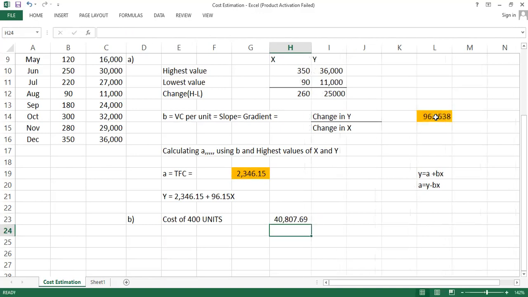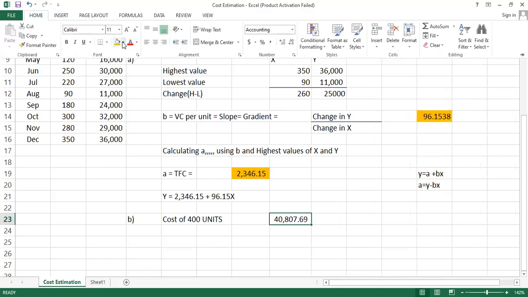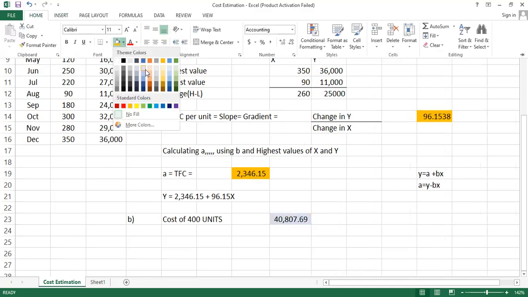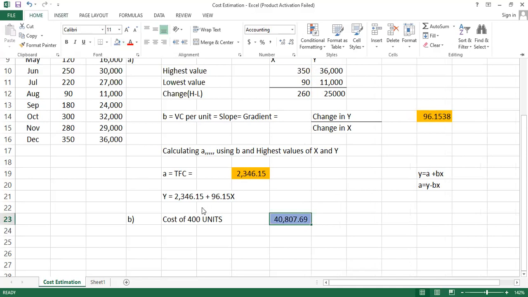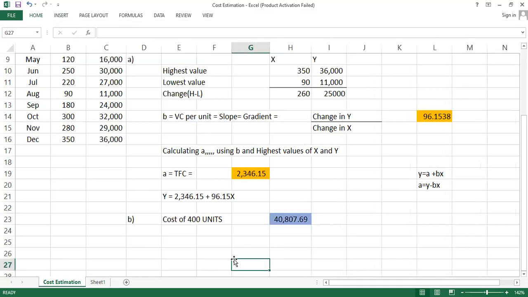The cost of producing 400,000 units is therefore 807,669, and that's it for that required.